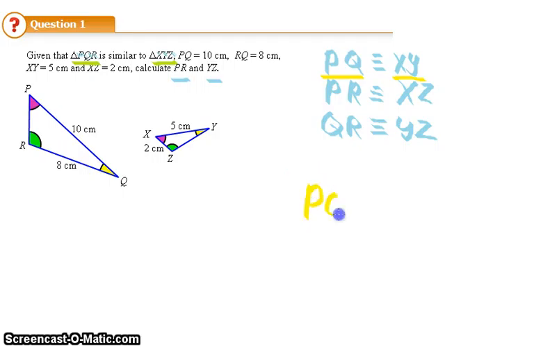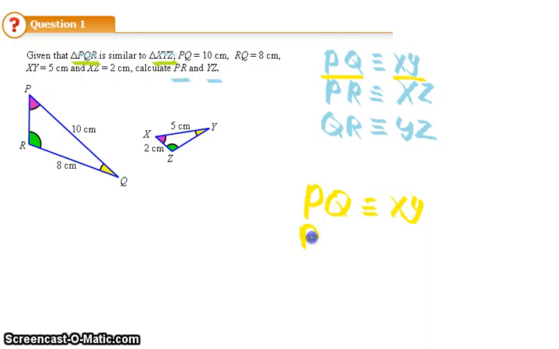PQ is similar to XY. Is triangle PQR the bigger triangle, or is triangle XYZ the bigger triangle? We need to ask ourselves. We notice that triangle PQR is actually the bigger one.